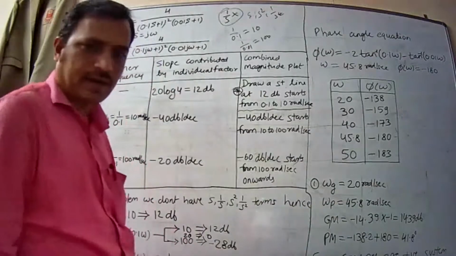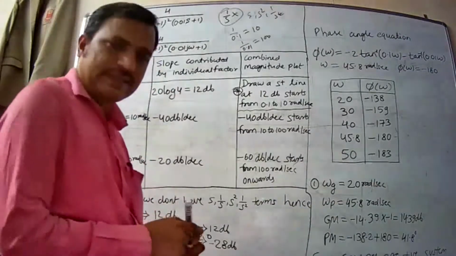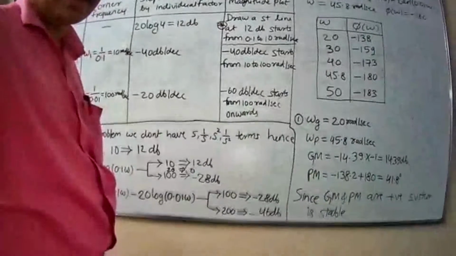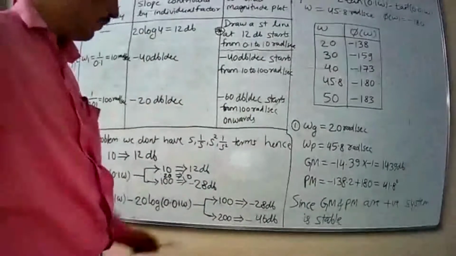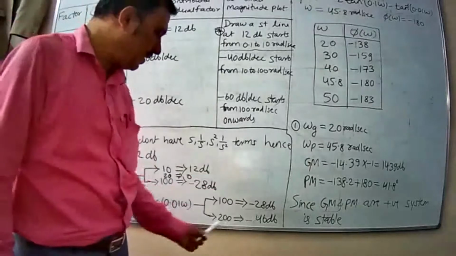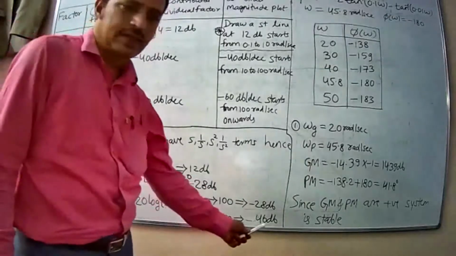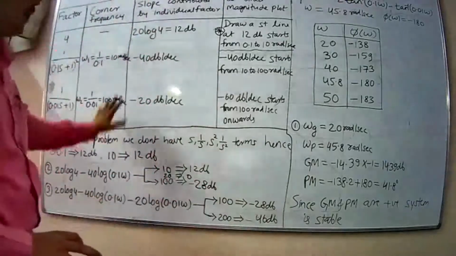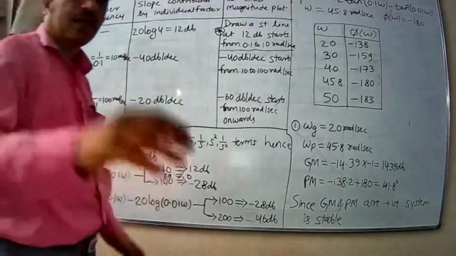Here I have taken 200. If you take 100, then the value is minus 28 dB. If you take 200, then the value is minus 60 dB. This is regarding the magnitude plot.